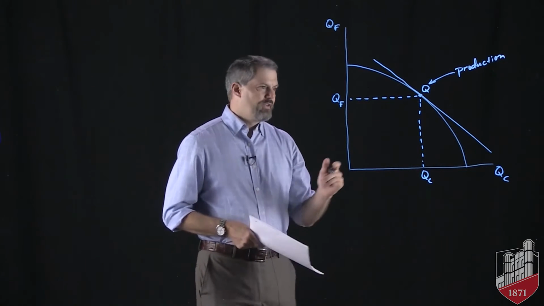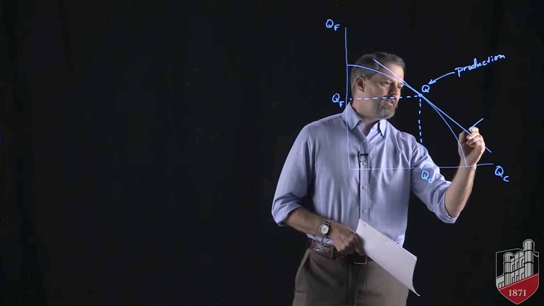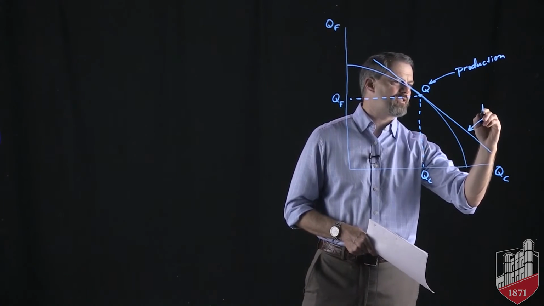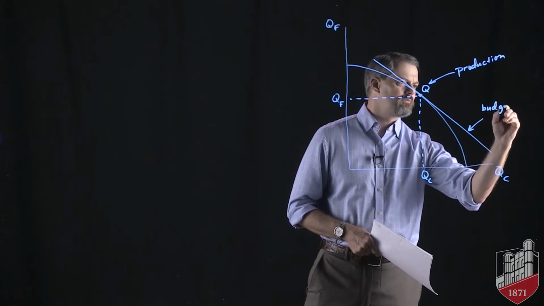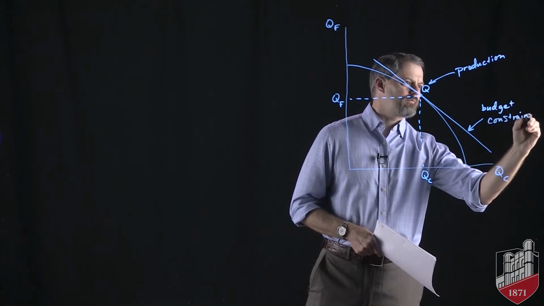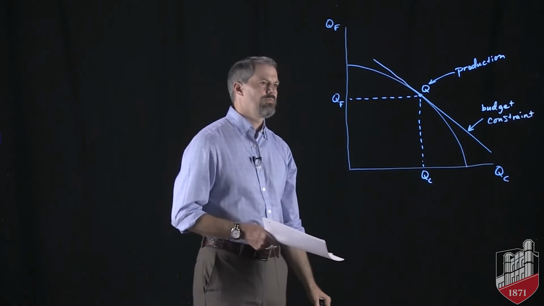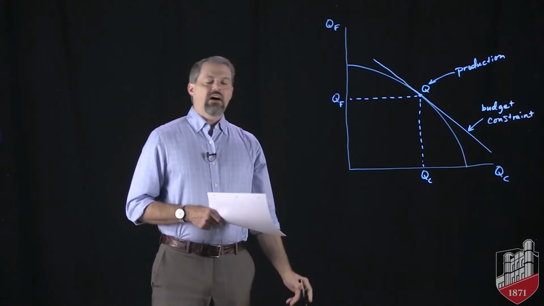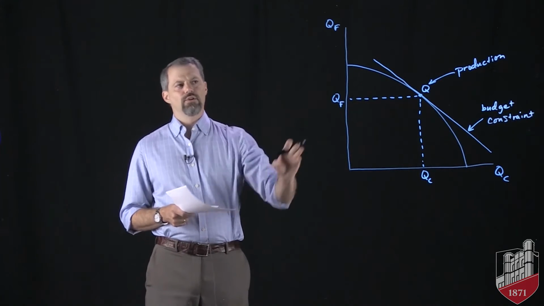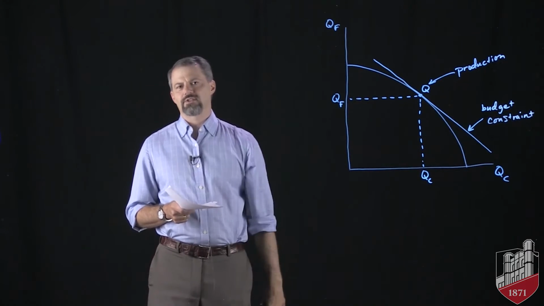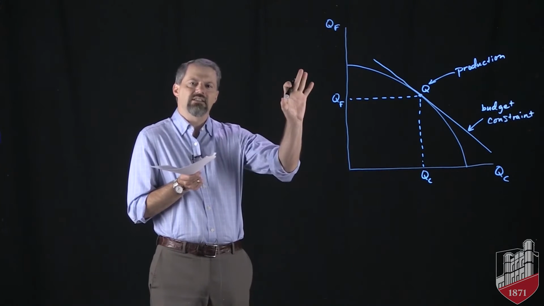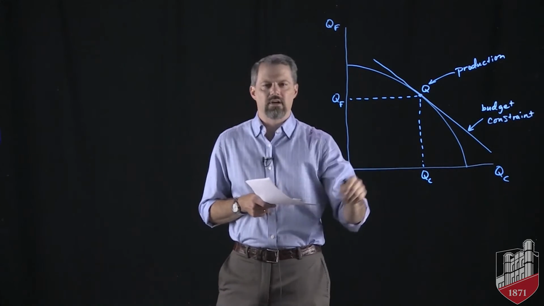Okay? So if we think about what this thing also represents, it's like the economy's budget constraint. Now, if you've had an intermediate micro class, you know exactly what we're about to do. We're going to put our indifference curves on there, and the economy is going to try to reach the highest indifference curve subject to its budget constraint.